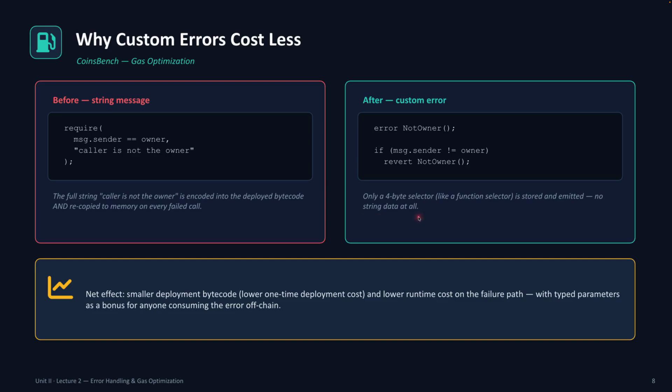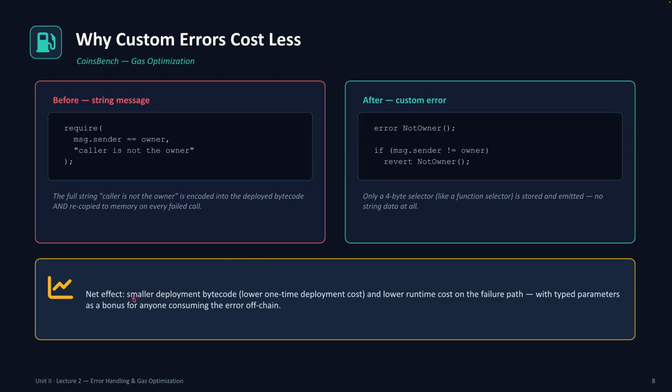So earlier, this entire string was encoded into the deployed bytecode, and whenever this condition evaluated to false, it was recopied to memory on every failed call. After the introduction of custom errors, all we are returning is a 4-byte selector, and this 4-byte selector is nothing but the error signature.